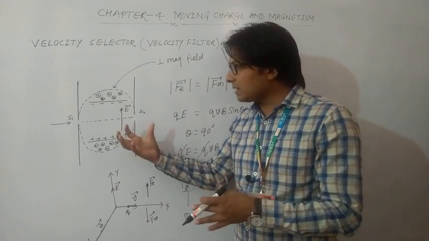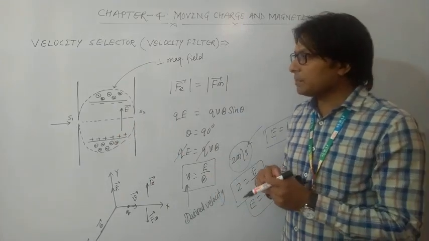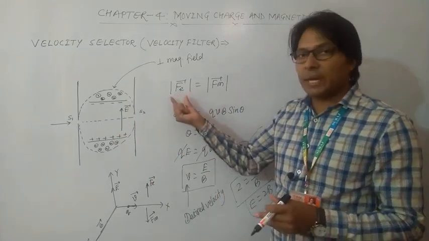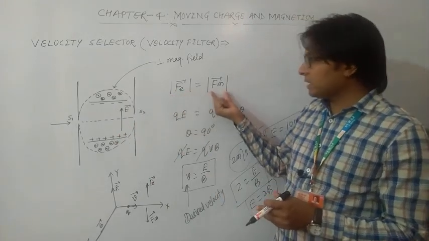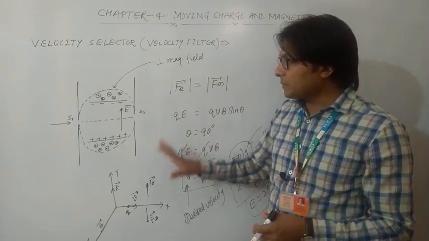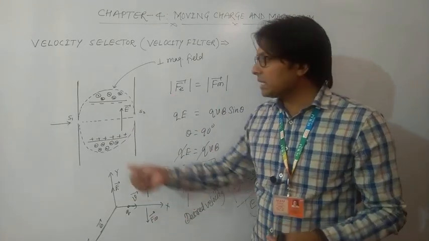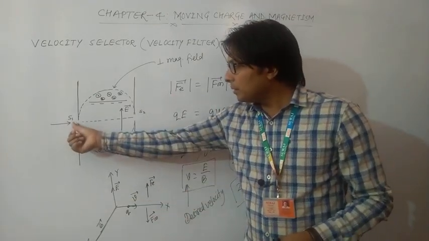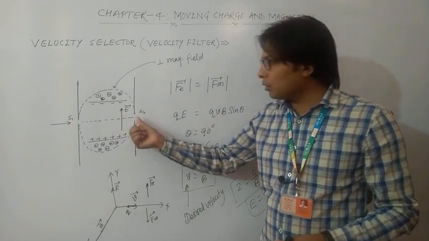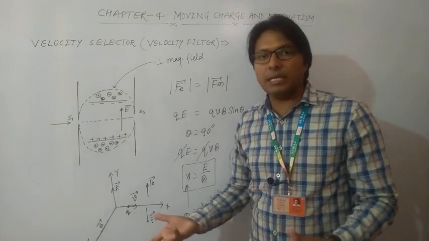So how are these being selected or filtered out? The concept is, if the magnitude of electric force and magnetic force is exactly the same, then the charged particle will experience zero force, and it will exit from slit S2 without any deflection.